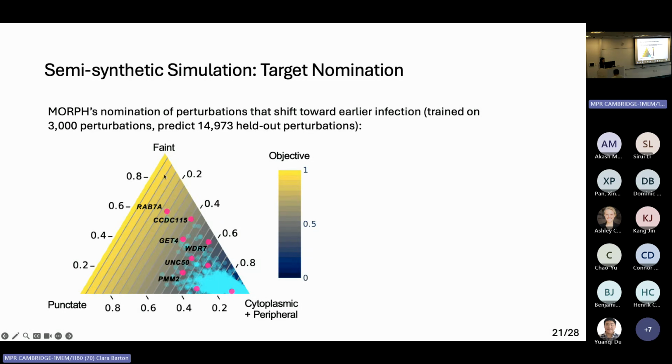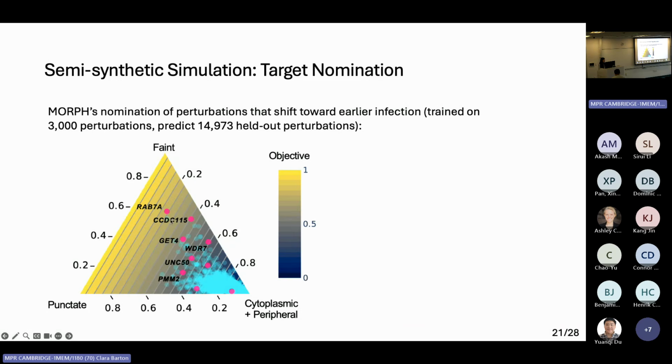This is a ternary plot showing where those 15,000 perturbations lie in terms of their proportions of faint, punctate, cytoplasmic plus peripheral. And this objective is just adding faint and punctate.